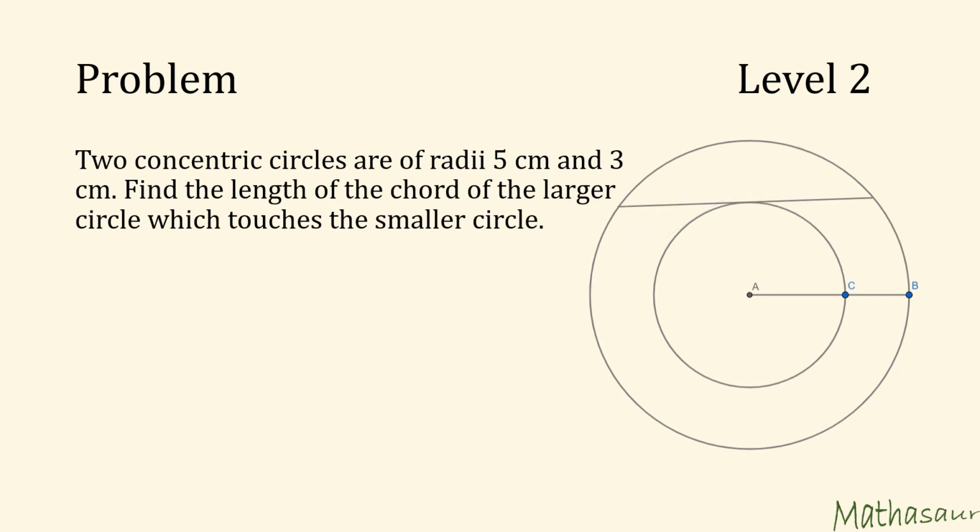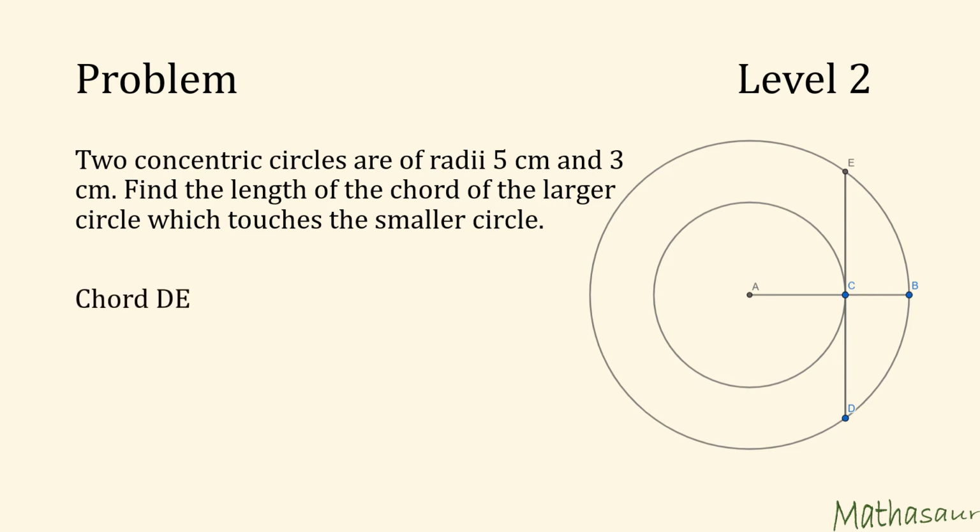Let us move this chord DE so that it passes through the point C. Note that all such chords DE that touch the inner circle at just 1 point would be equal. Can you wonder why?